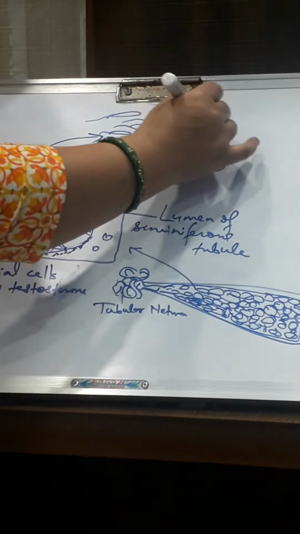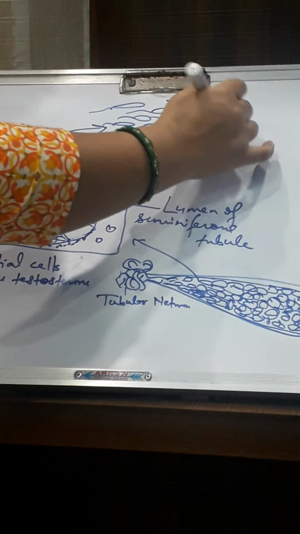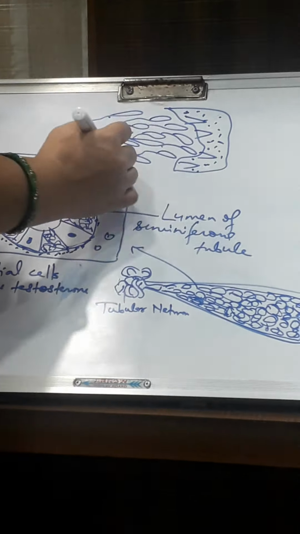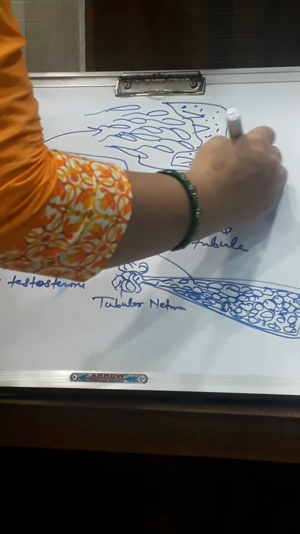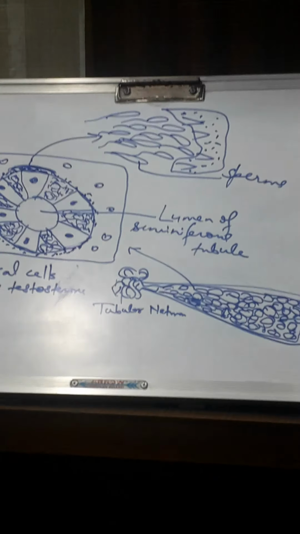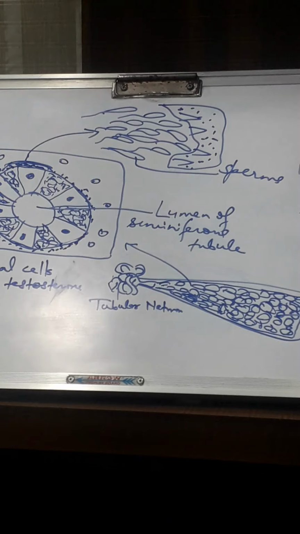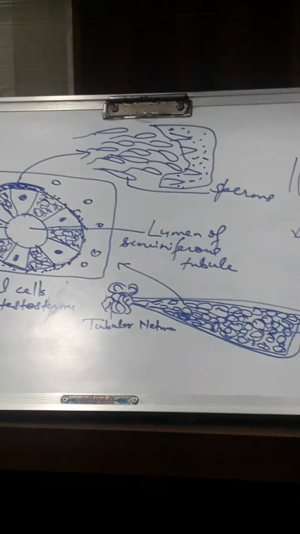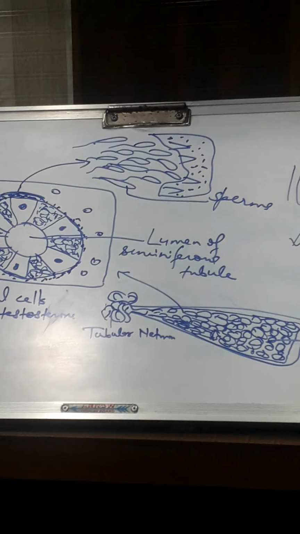So these are the sperms and this is the inner structure of the seminiferous tubules. Understood, students? So draw one rough diagram. Now I will describe in brief what the testis is. Get it drawn?